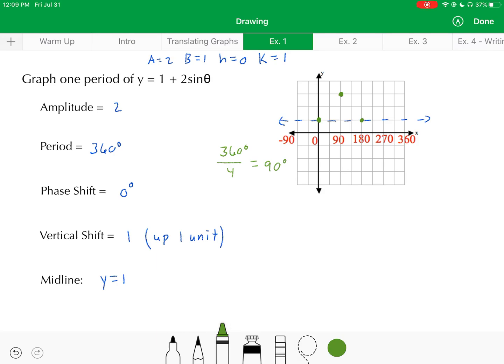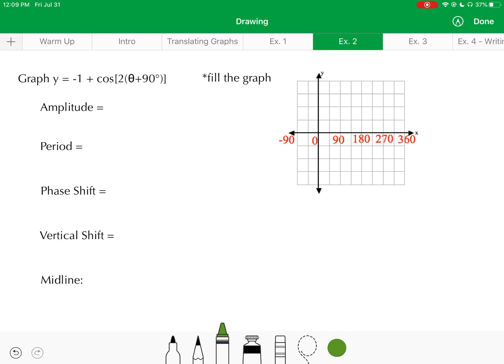Then 90 degrees to the right again, or 2 spaces, and then 2 units down. So that's at 270, -1, and then 90 degrees to the right, back up to the midline. Okay, so there's one full period. And we know that, of course, it would continue on either end.